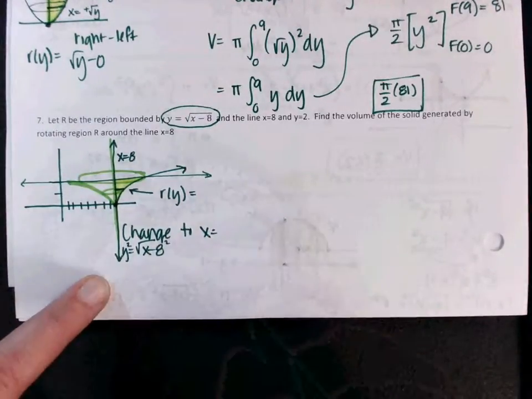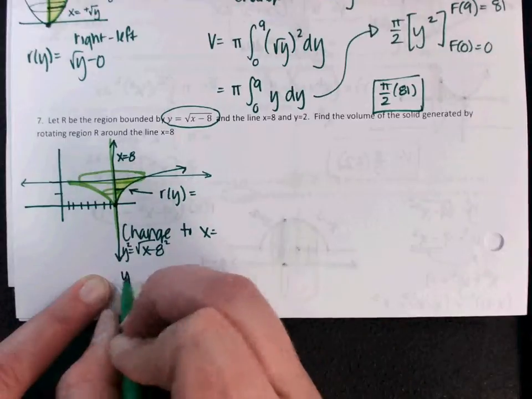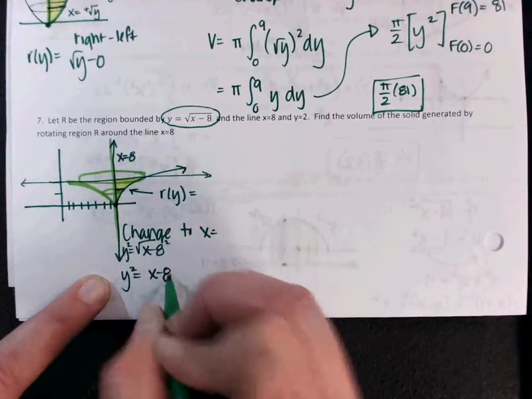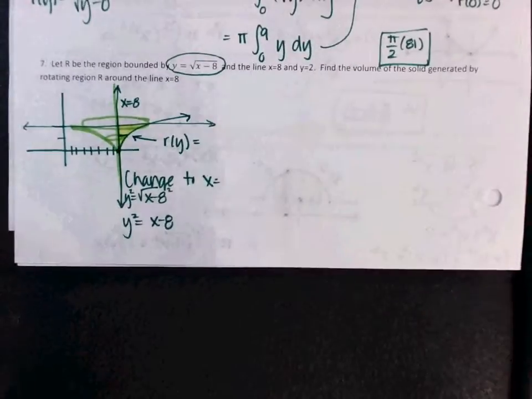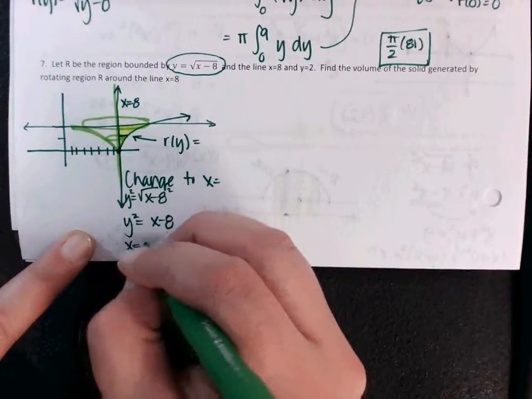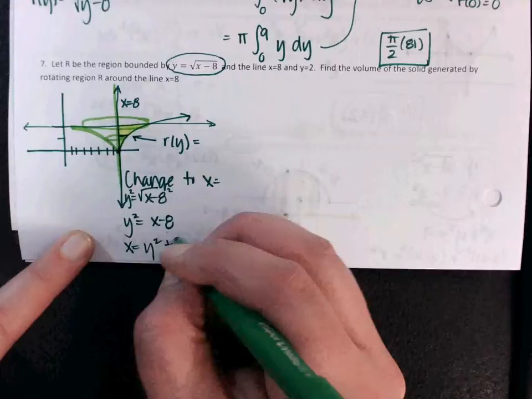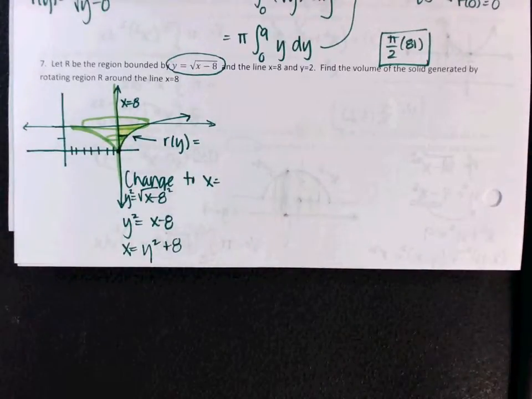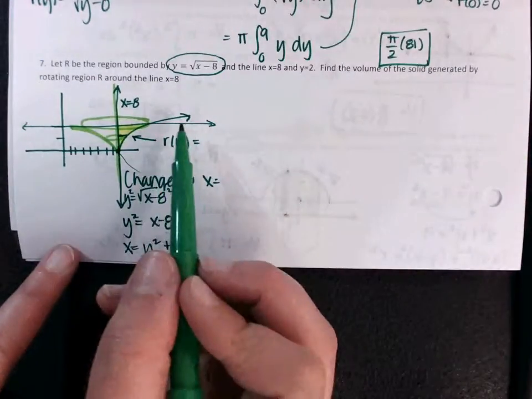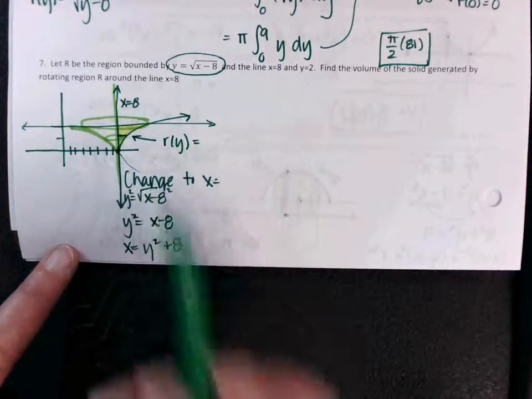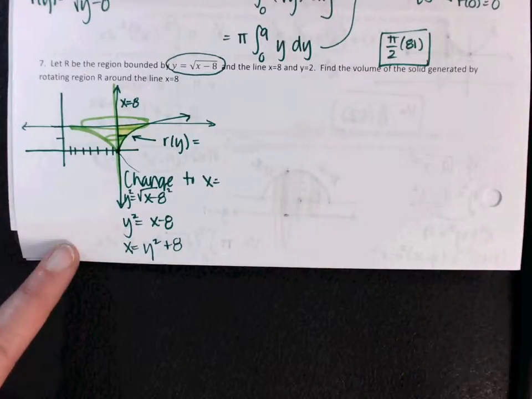That means that y squared is x minus 8, which means that x, when I move the minus 8 across, is equal to what? Y squared plus 8, right? And that should kind of make sense that it's like a parabola, but it's shifted over 8 and then it opens to the right. So that should kind of make sense in your head that that's the same graph.